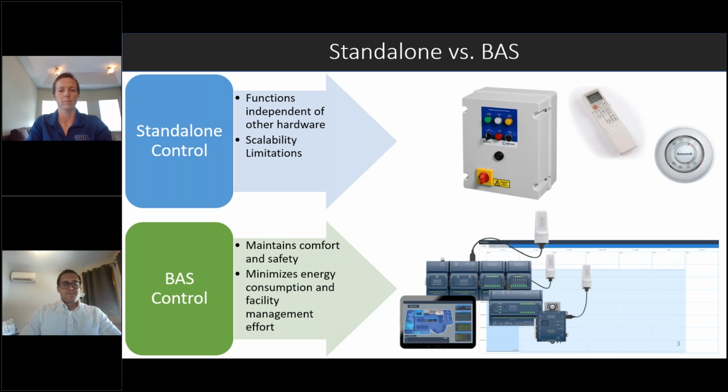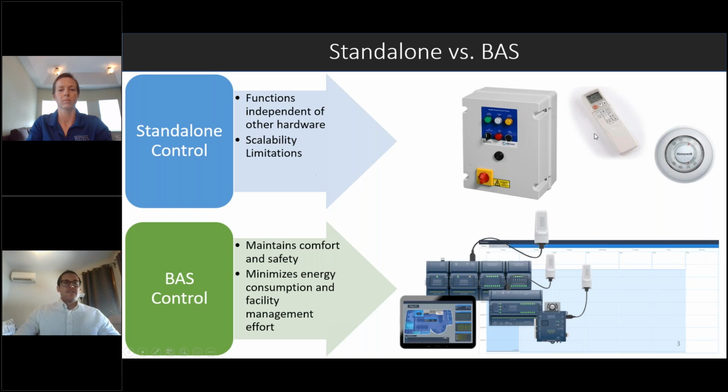So you're looking at both energy efficiencies and also operational efficiencies. Not running from room to room, changing thermostat set points is a really big added advantage for your facilities team that's on staff.